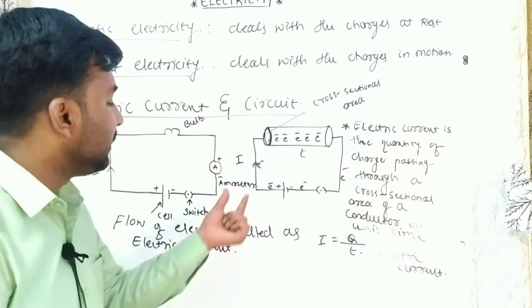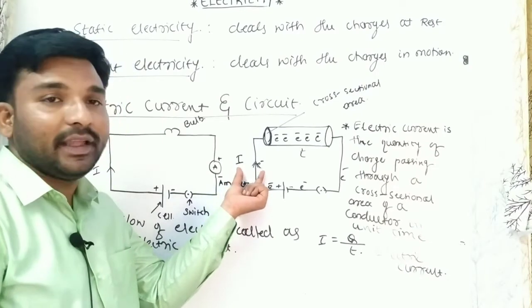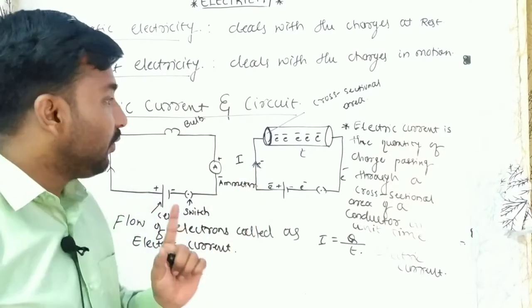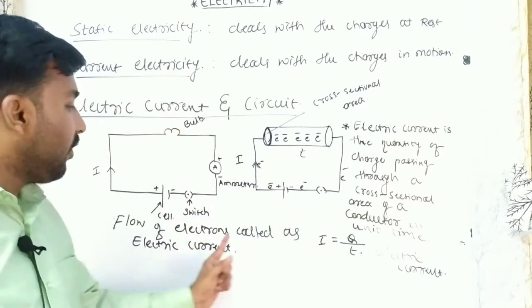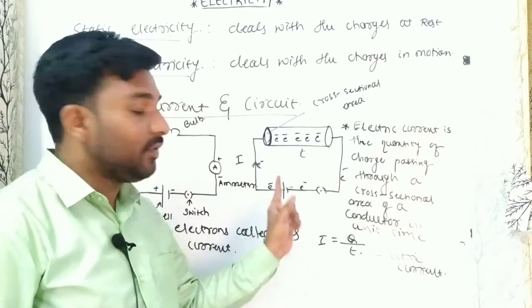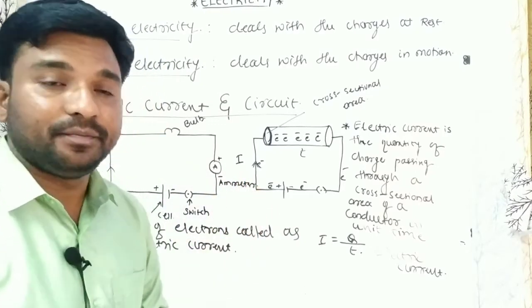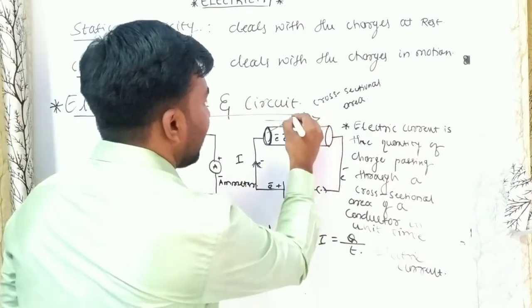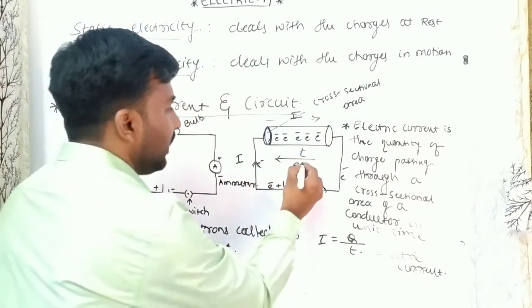So conventionally the direction of electric current is taken from the positive terminal of the cell or the battery. But actually, the motion of electrons, in simple words the flow of electron, is called electric current. So electrons move from the negative terminal, but we take the direction of current from the positive terminal. So this is the direction of electric current and this is the direction of electrons.